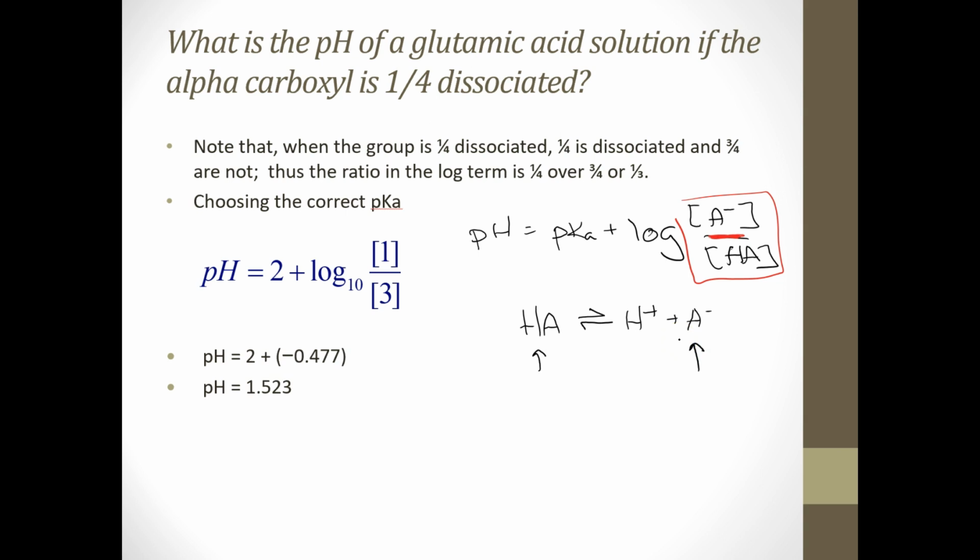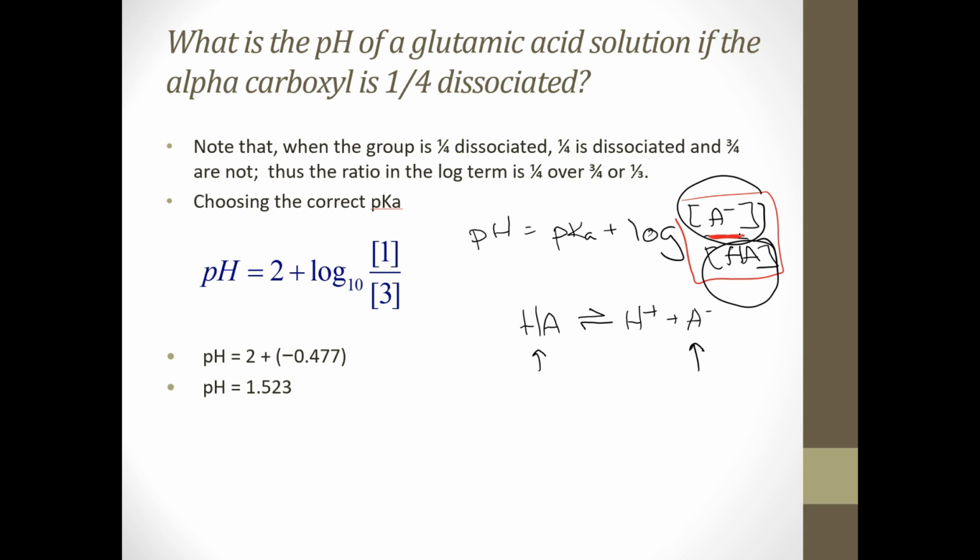So if something's asking if it's 1/4 dissociated, that value goes on top. If it's associated, it's here. Sometimes they ask for 1/4 dissociated and sometimes they ask for 1/4 associated, and you just have to pay attention to specifically which one they want.